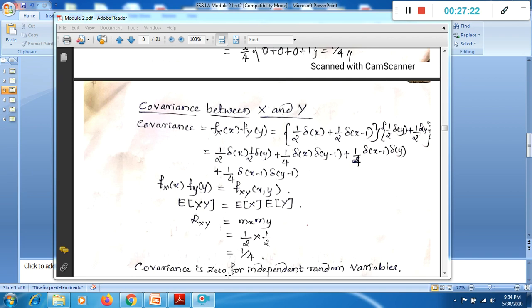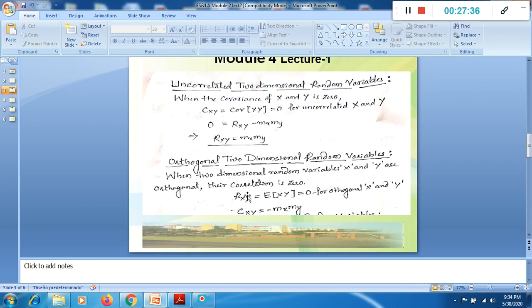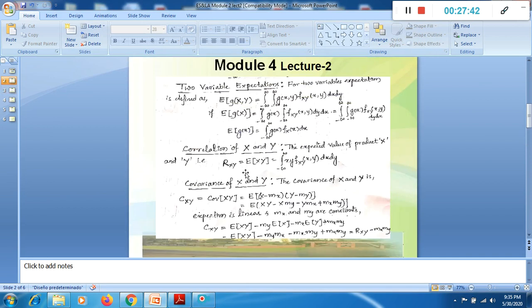So if the random variables are independent, their covariance is 0. And here the covariance is c of xy, which is to be calculated in this fashion.